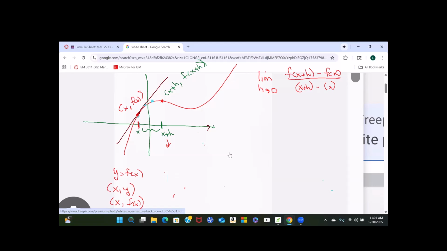X plus h, thank you. So what's my horizontal value there? It's x plus h. Whatever my original x was, I'm going to add some number to it. You name the number, I'll add that. 3. Right? So that means this point would be x plus h. And then if that's x plus h and I plug it into f of x, won't I get f of x plus h? Like if this is 2 and I plug it into my function, I'll get f of 2.